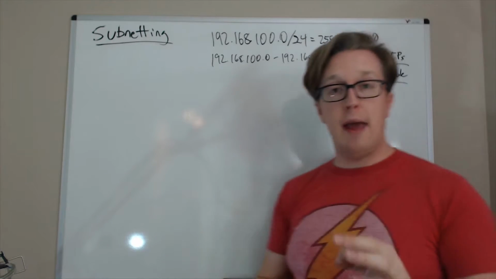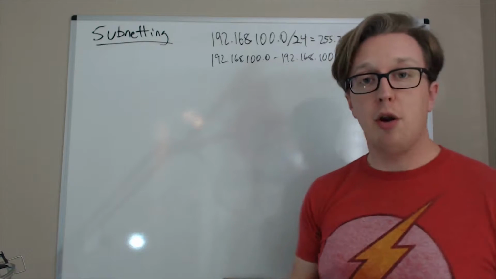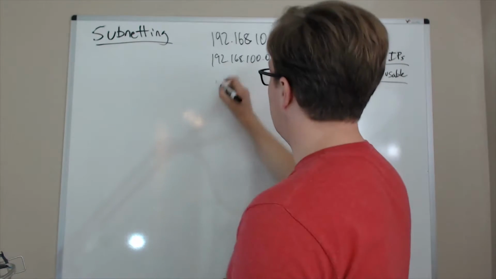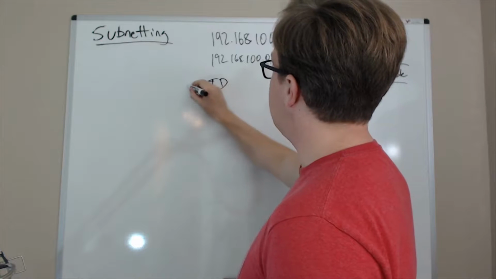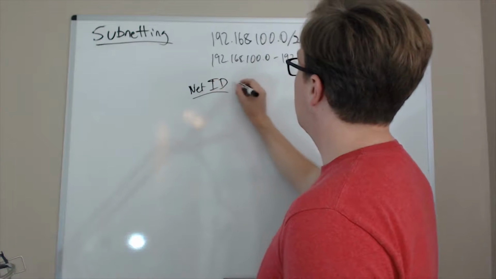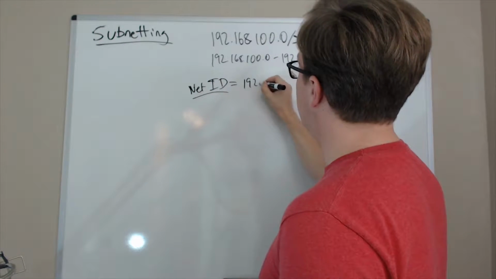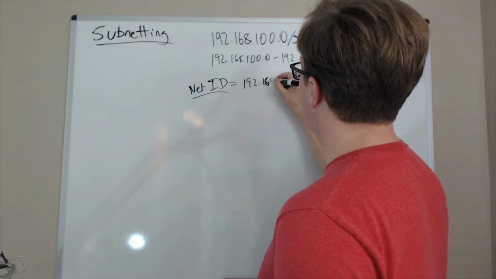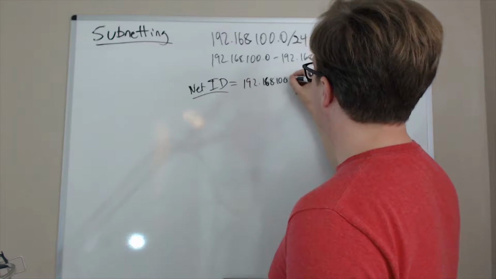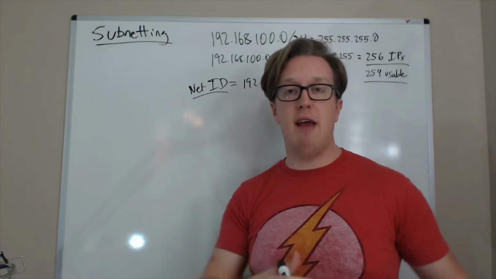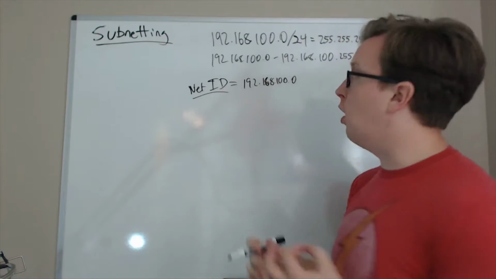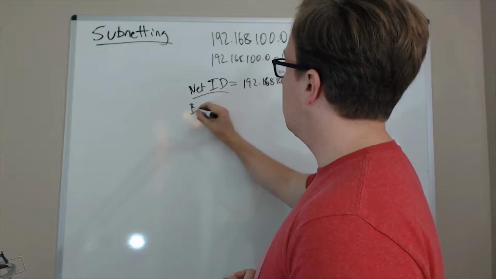Well, the first IP address of any network is going to be the network ID. So your net ID is going to be 192.168.100.0. And then the last IP address in a network is going to be your broadcast.